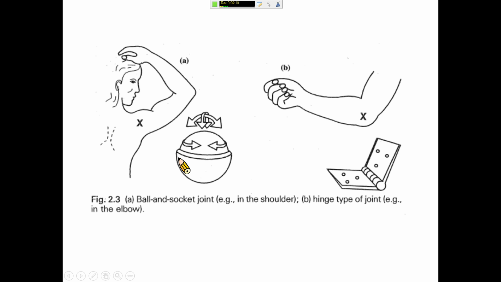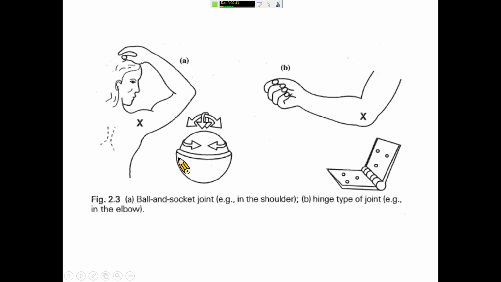So there's a ball and socket joint here. Similarly here, between the pelvis and the upper leg, the head of the bone is like a ball. So this is a ball and socket joint here. And with this kind of structure, you are able to rotate, turn like that.